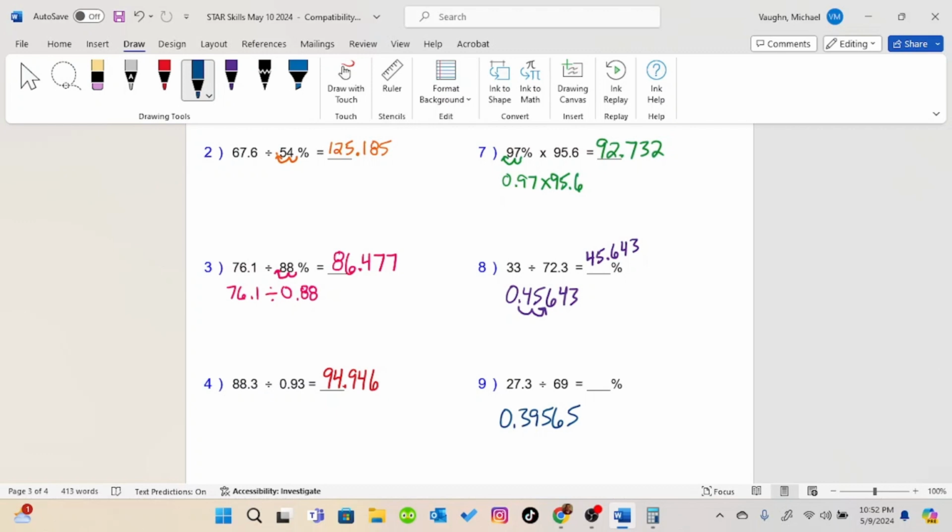Now to turn from a decimal to a percentage, we're going to move the decimal point 2 spots to the right, and our answer is 39.565%.